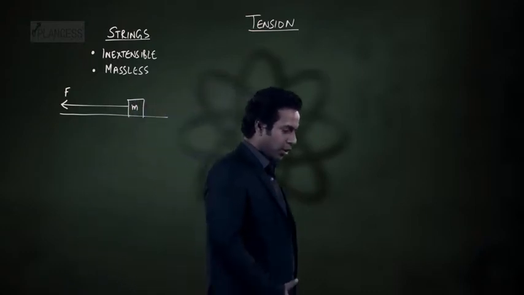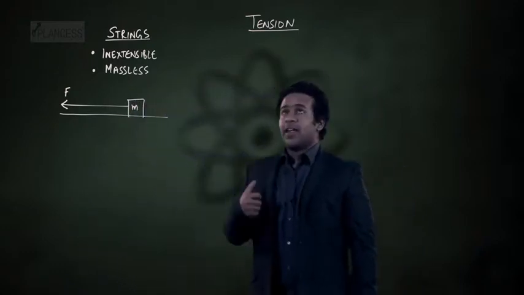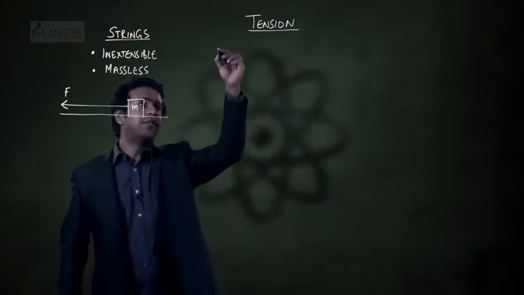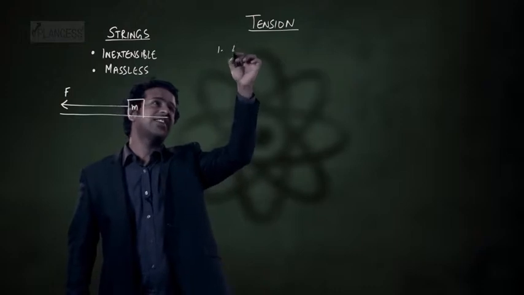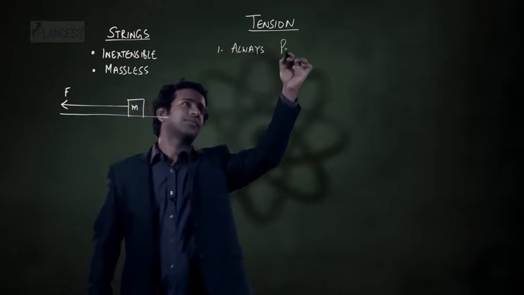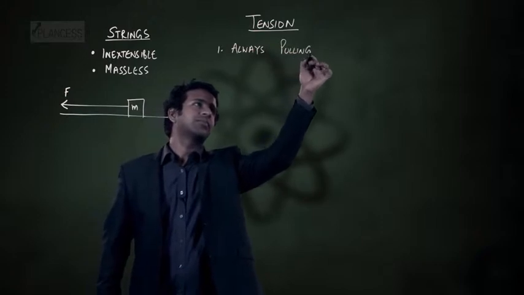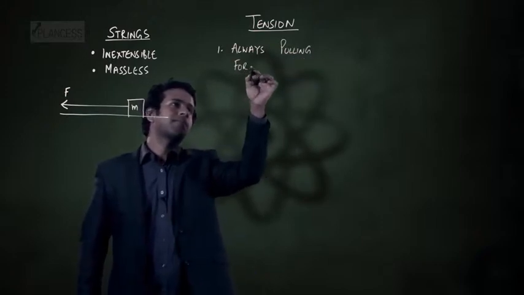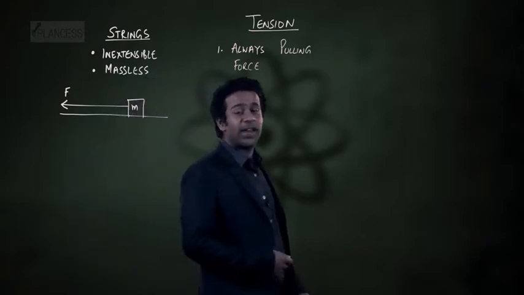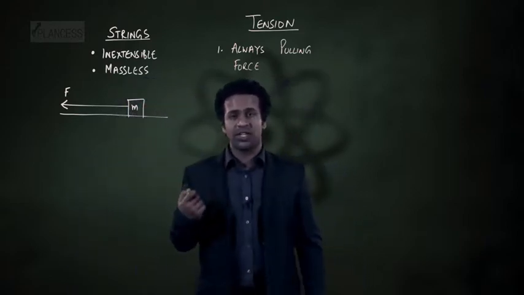Right. So, let's see a few properties of this force tension. The first property is that tension is always a pulling force. Now, it is fairly obvious that you can never push a block using a string.